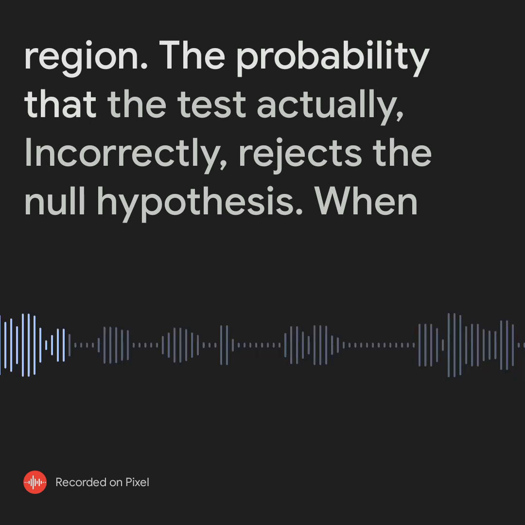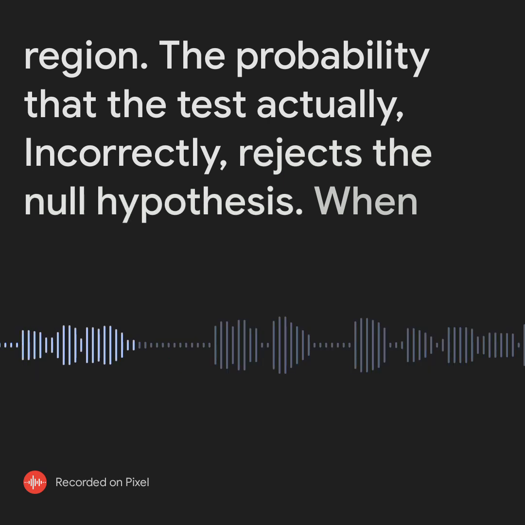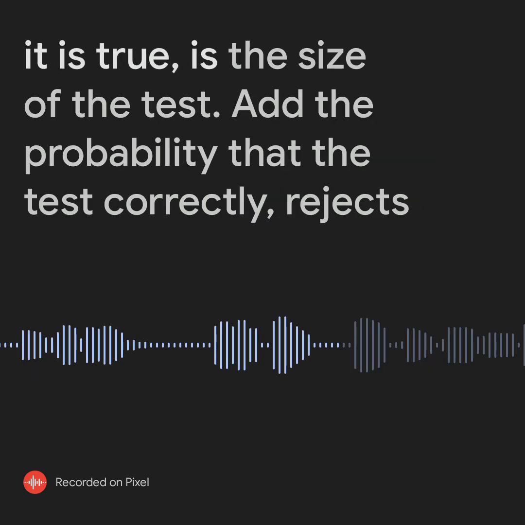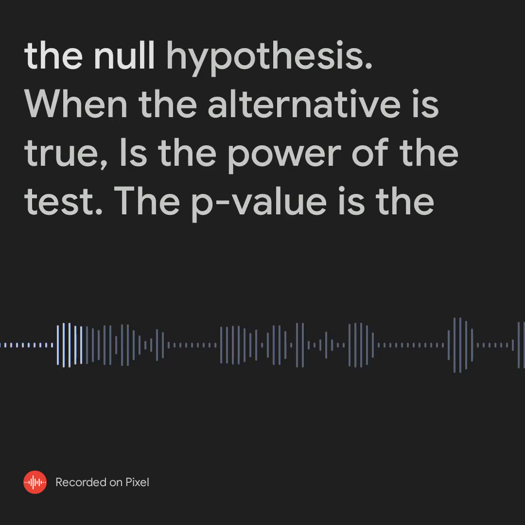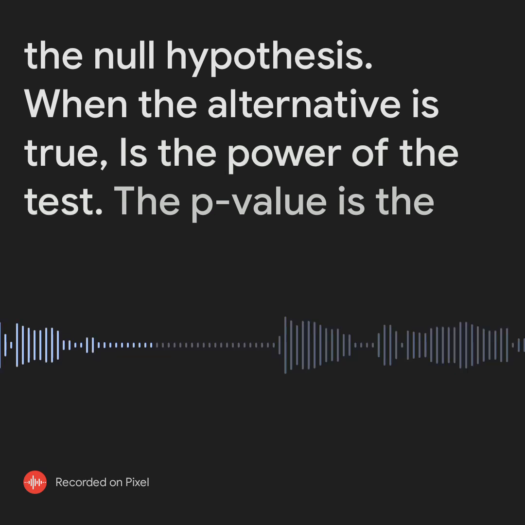The probability that the test actually incorrectly rejects the null hypothesis when it is true is the size of the test, and the probability that the test correctly rejects the null hypothesis when the alternative is true is the power of the test.